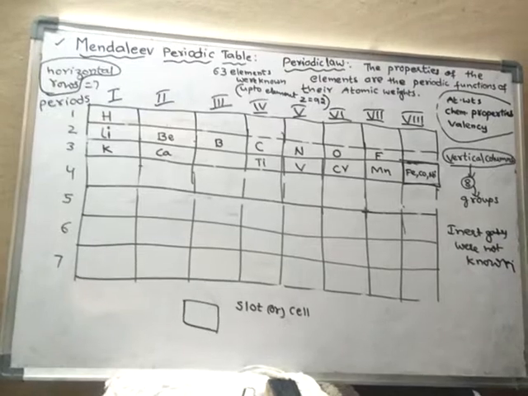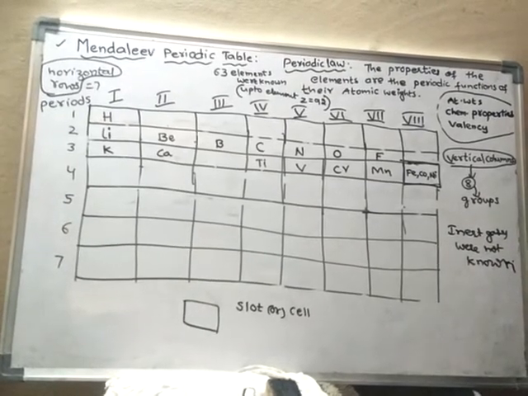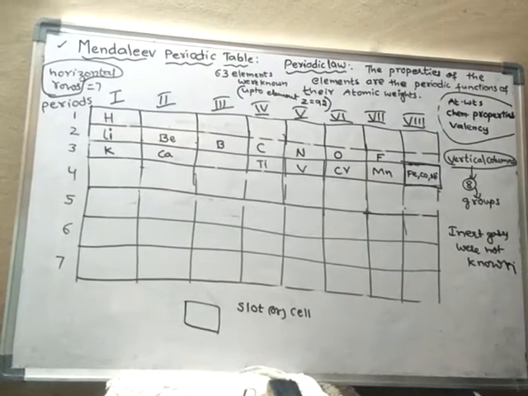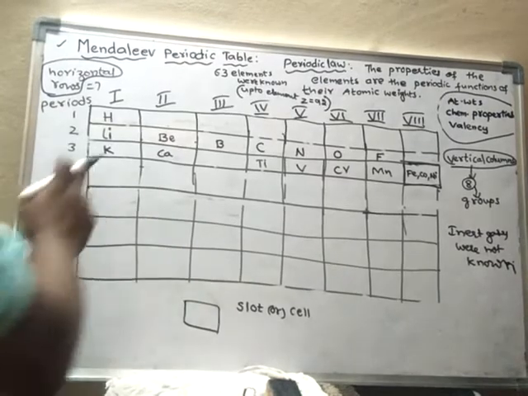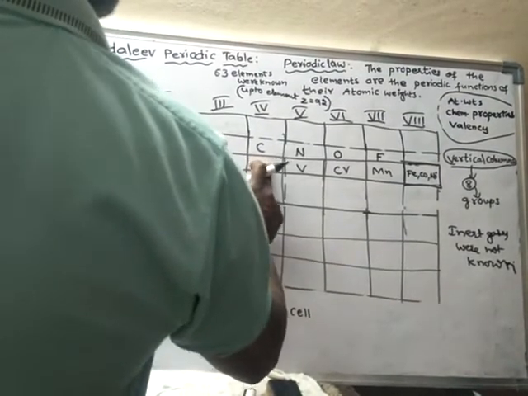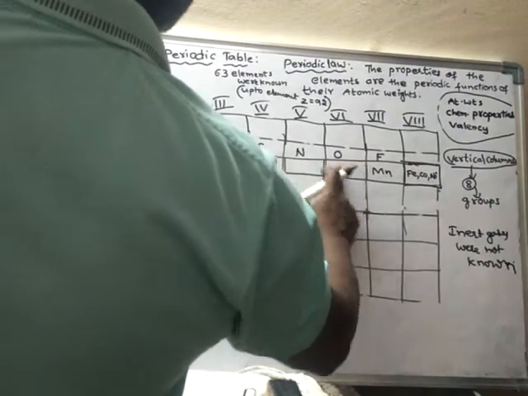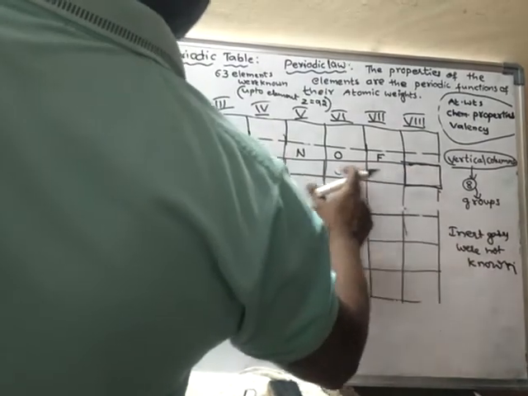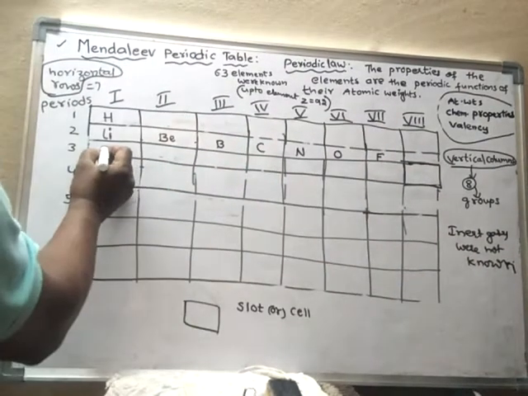After this, sorry, one element is missing. So after fluorine it should be sodium.